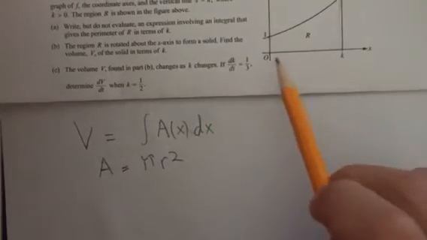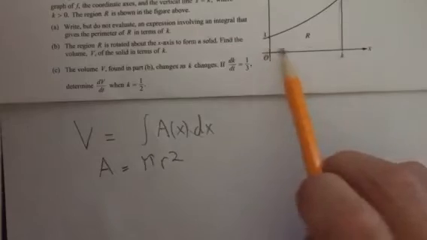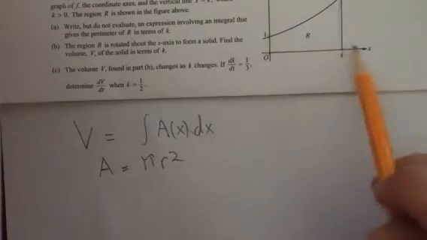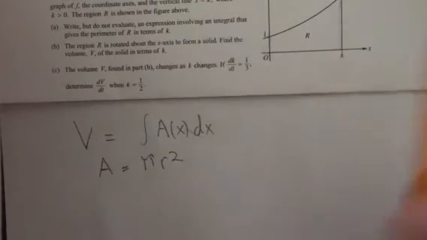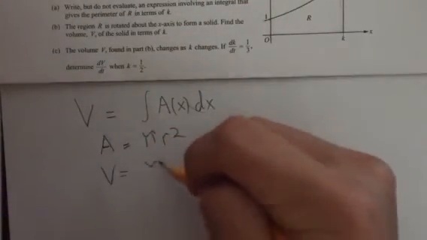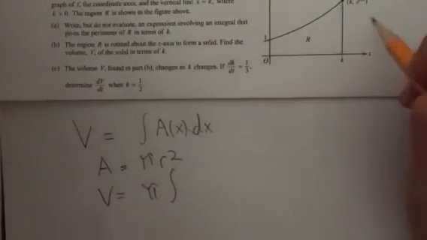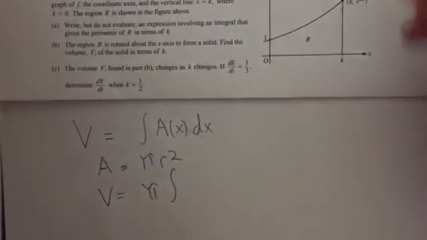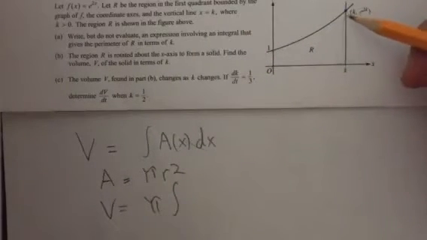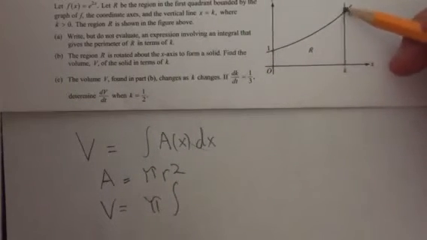And this one's particularly nice because all of these segments end on the x-axis, so we're not going to have to subtract anything in the middle. So really this is just pi times the integral of the radius squared. The radius is just going to be the value of the function at that point.